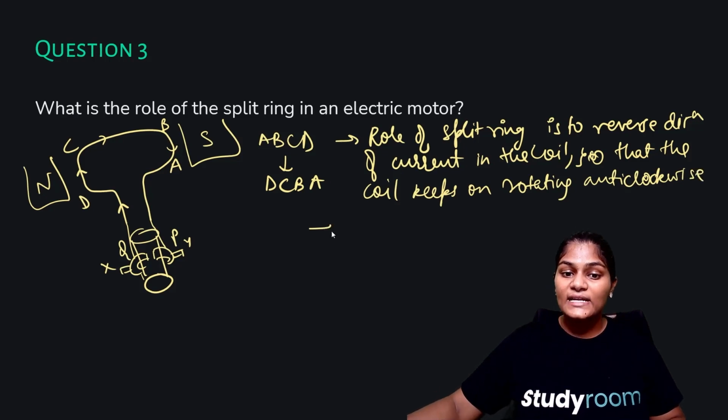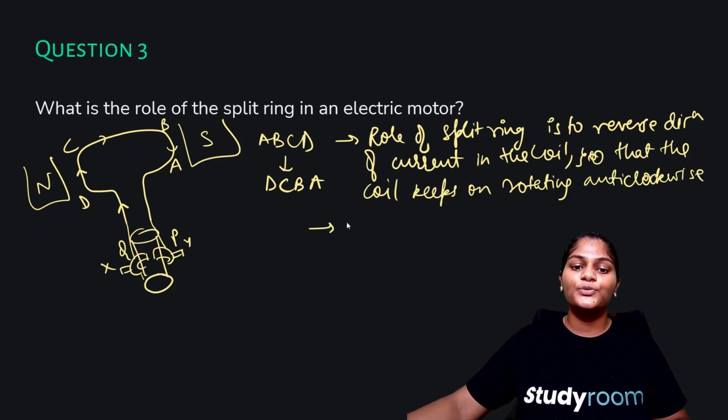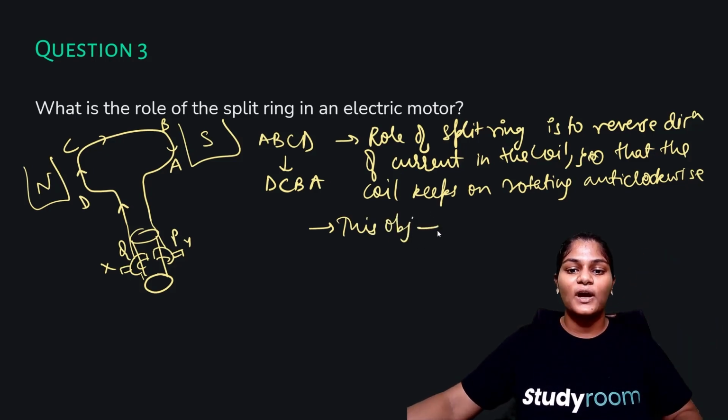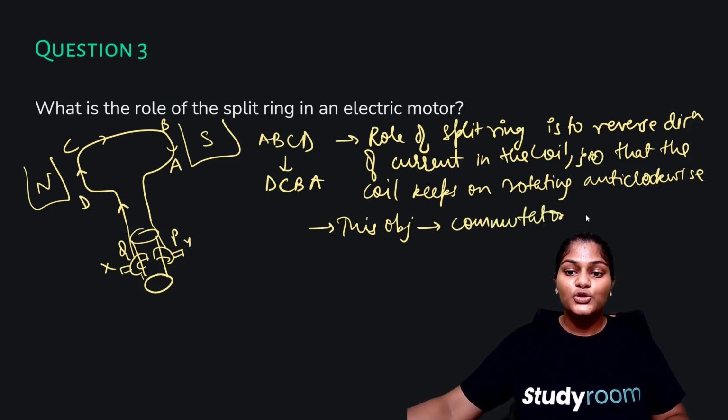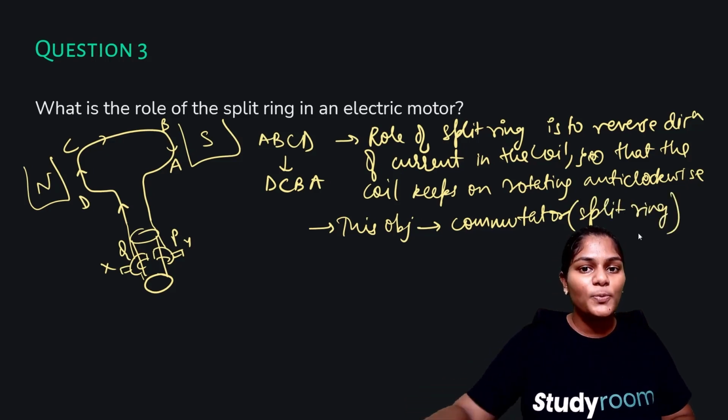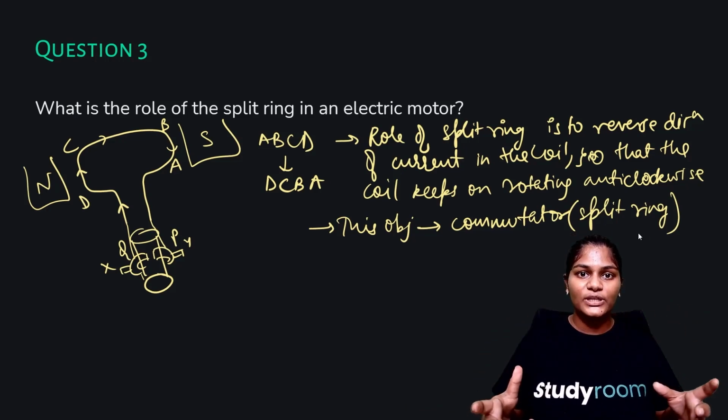Okay, and there is an additional thing for you: any object which is used to reverse the direction of current is known as a commutator. So here the split rings are the commutators in the electric motor. So I hope you understand what I'm trying to tell you here, right?